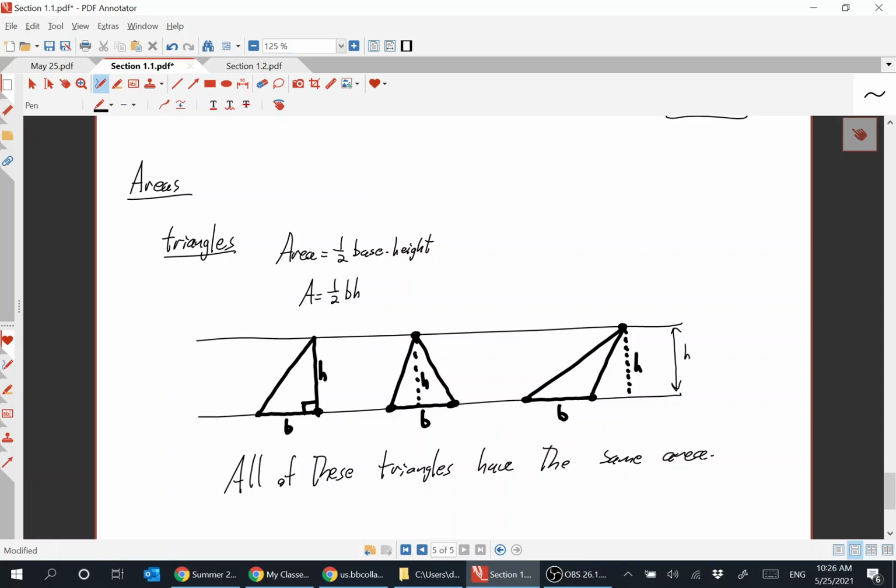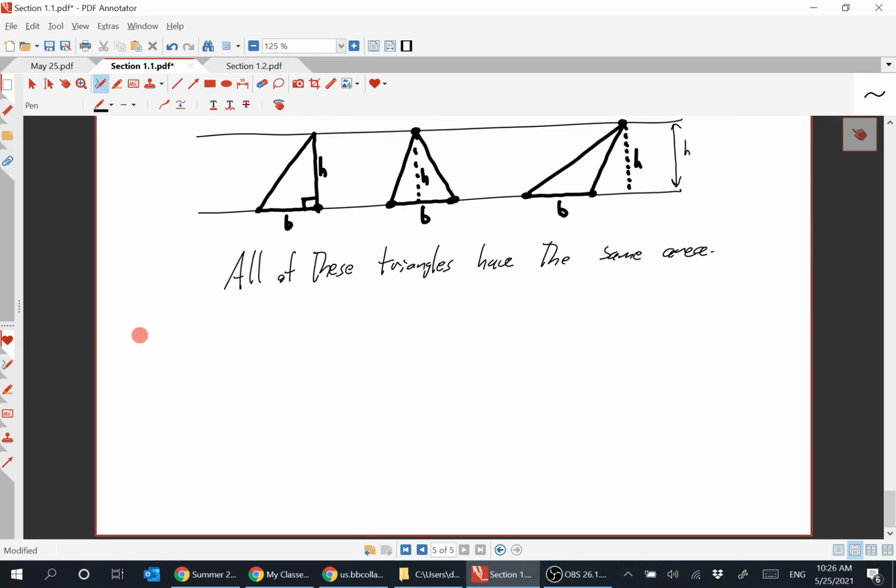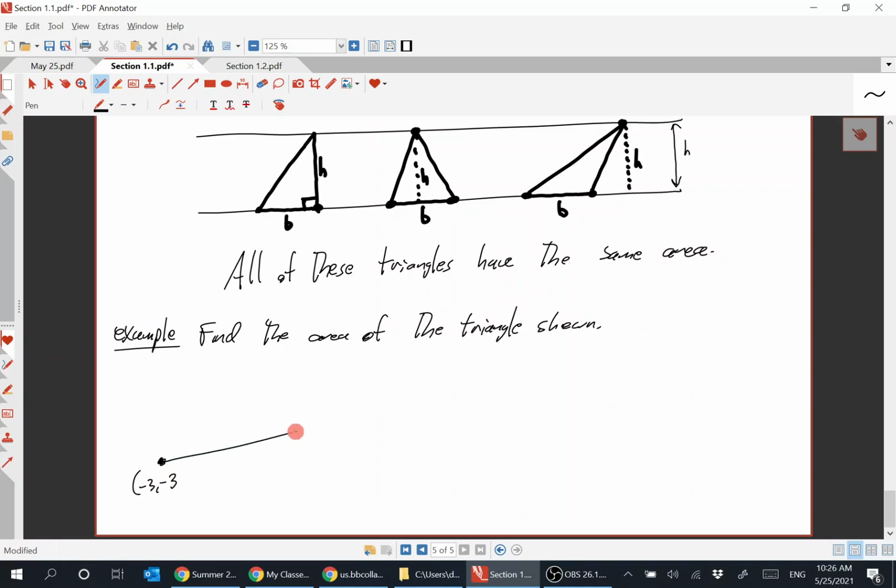So for example, find the area of the triangle shown. Say this is point -3, -3.